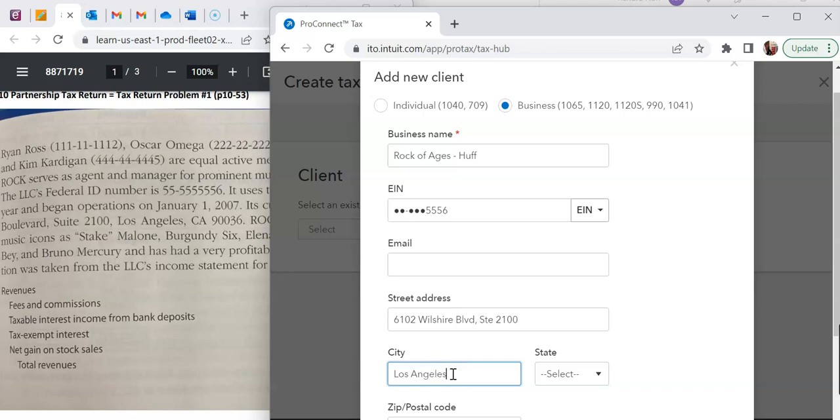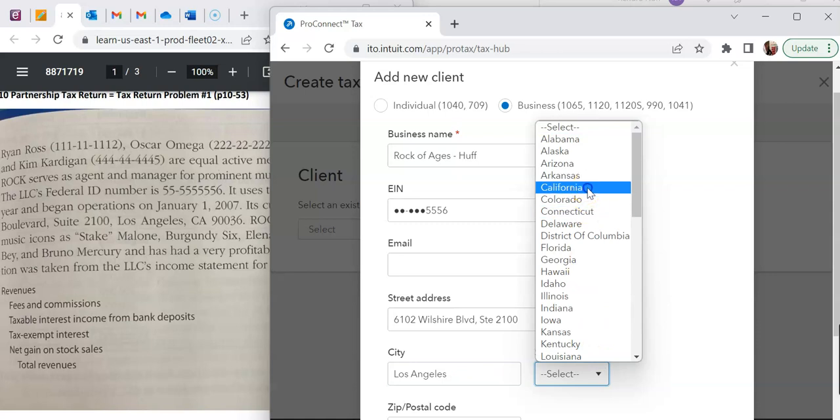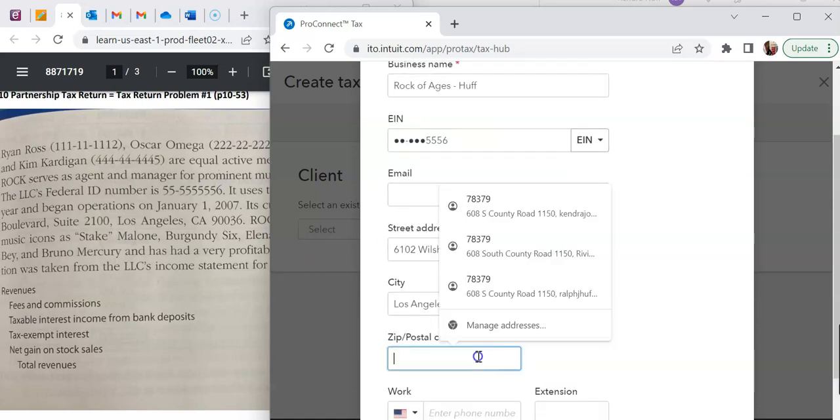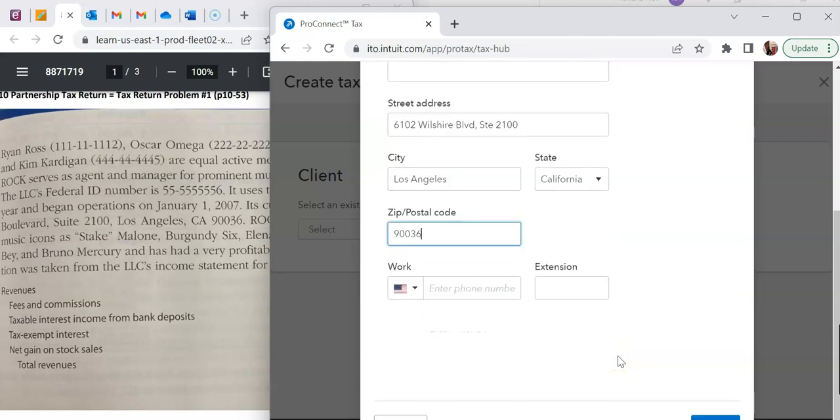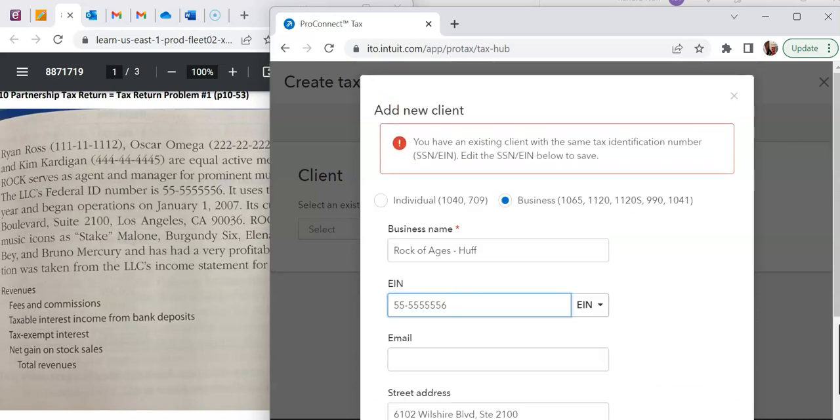Did I spell that right? Yes. California 90036. Not too worried about all this kind of stuff, but just remember it will give you error messages if you don't have it.